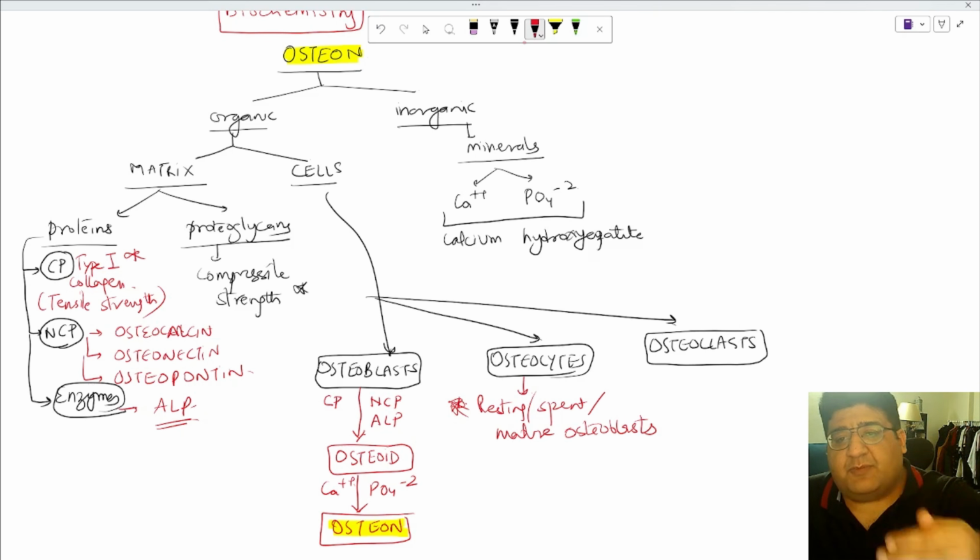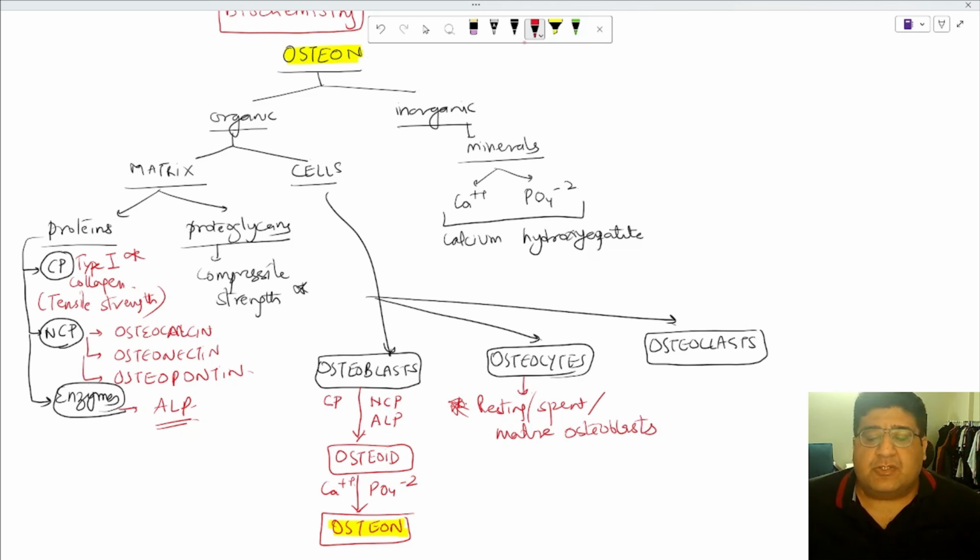Every cell has to perform a job, and when the job is over, it gets retired. So osteocytes are nothing but retired osteoblast. They're done with their job, now they're resting. In fact, I would like to mention one more MCQ here, that they are the most abundant cells of the bone. In terms of quantity, they are the maximum.